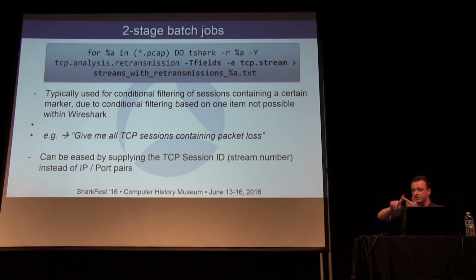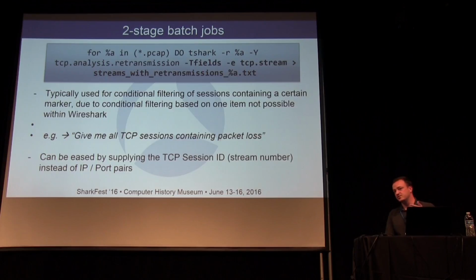It might be retransmissions, might be time issues, whatever. And if you just output those stream IDs into a text file, you can do a second Tshark run with this file list and say, Tshark, please extract all the TCP streams of my raw data where I already know we have, for example, retransmission problems or timing problems or whatsoever.